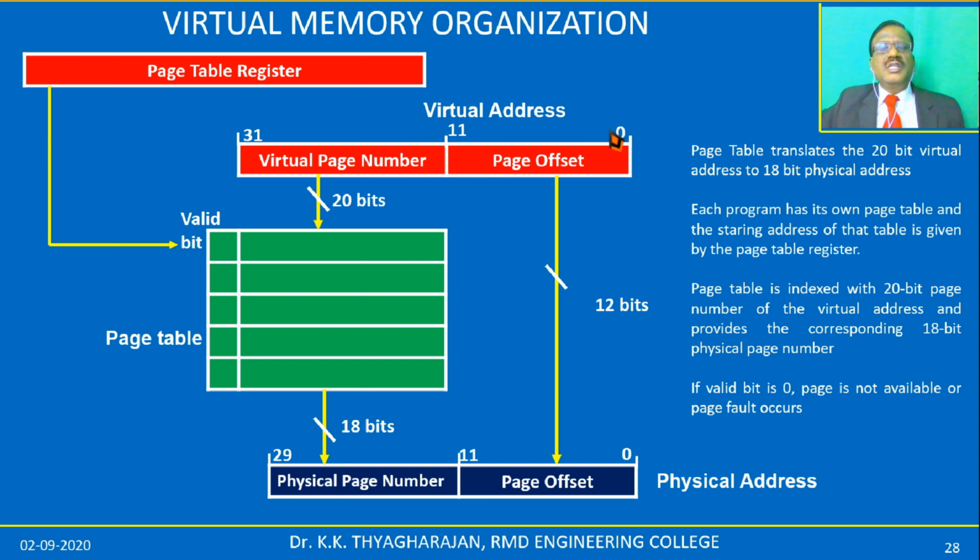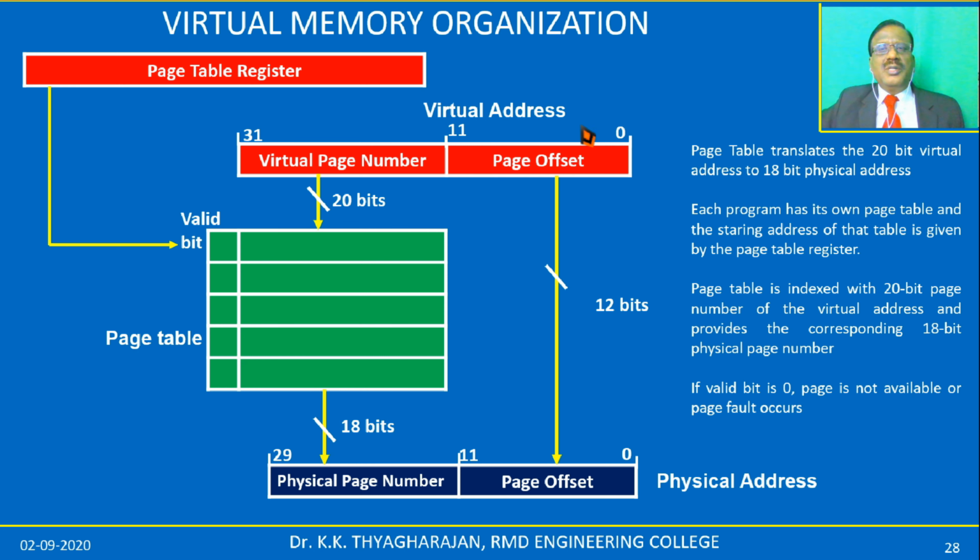Since we are using a 32-bit processor, you will have a 32-bit address. That 32-bit address is divided into two parts, the virtual page number and the page offset, as I already discussed in the previous slide. So bits 0 to 11, that is 12 bits, are used to indicate the page offset.